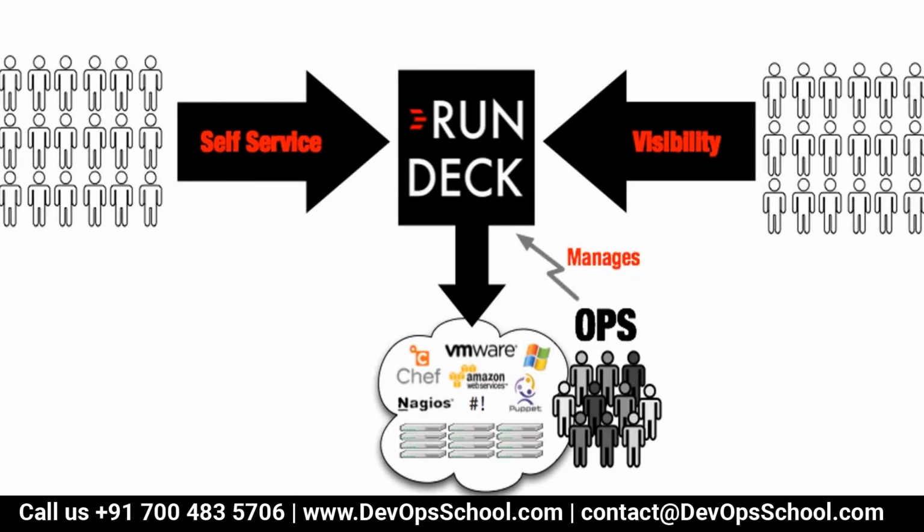Rundeck will give us self-service capability for developers, QA, and operations, whereas you also get visibility of who's doing what and what kind of access everyone has, and operations will manage all this infrastructure, different tool sets, different configurations. Yes, Rundeck can become an integration point for every access situation.